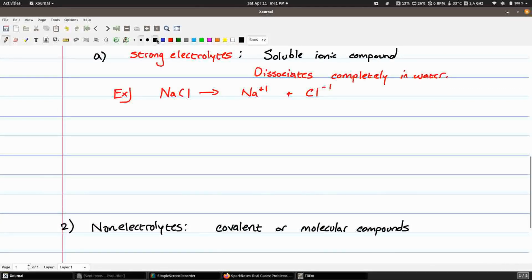And then for B, we have weak electrolytes. A weak electrolyte is an insoluble ionic compound.